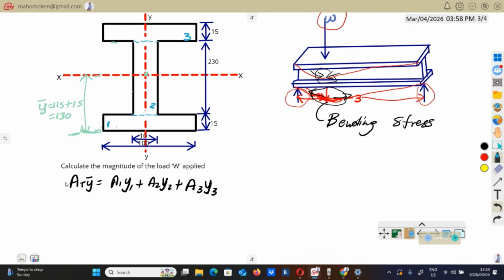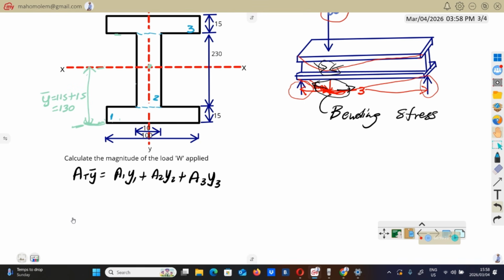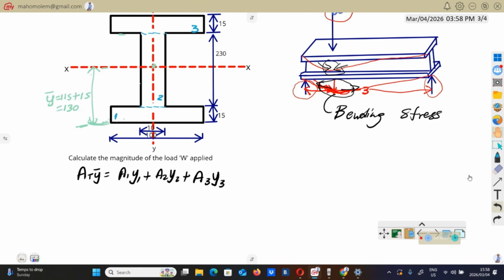So area 1 will be this area here, which is this rectangle number 1.